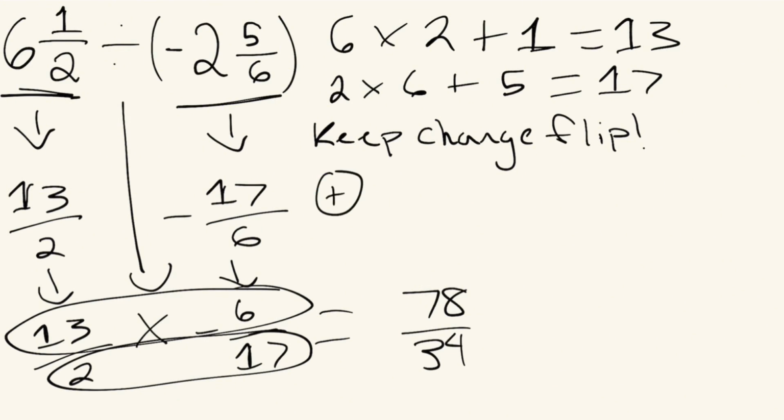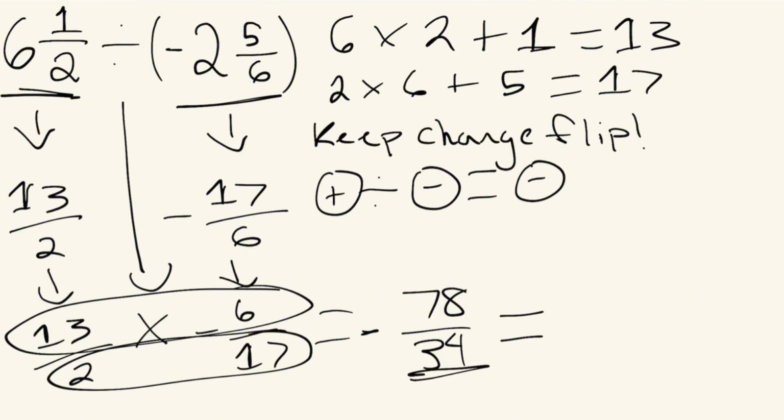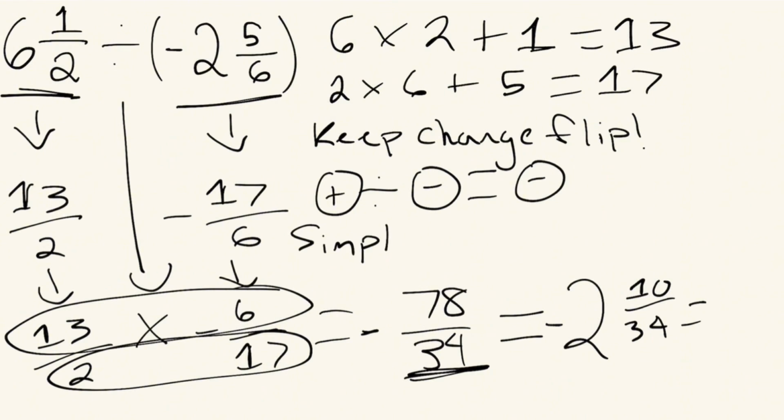And obviously a positive divided by a negative does equal a negative, so we have negative 78 over 34, which we need to change into a mixed number, and 34 goes into 78 2 times with 10 left over. So now we have negative 2 and 10 over 34, which can be simplified even more. So in conclusion, we have negative 2 and 5 over 17.